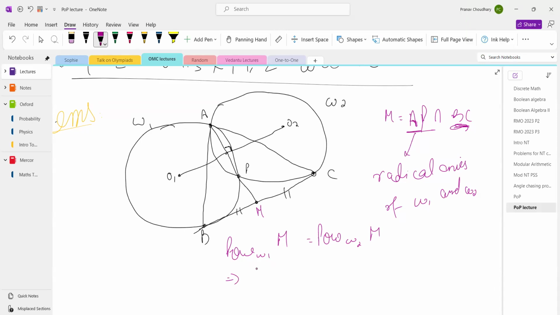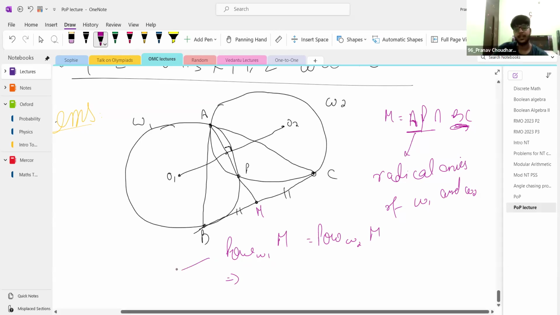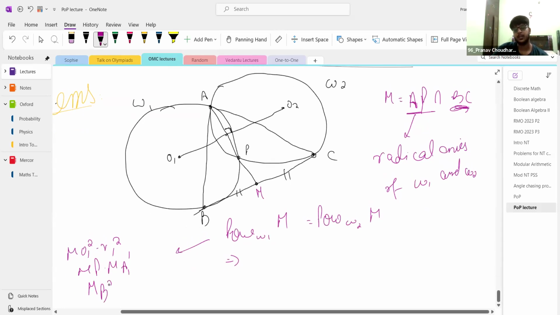There are multiple ways to write it: MO1 squared minus R1 squared, MP times MA, or MB squared, because MB is tangent. What is the nicest way to pick? What is most relevant to the problem?